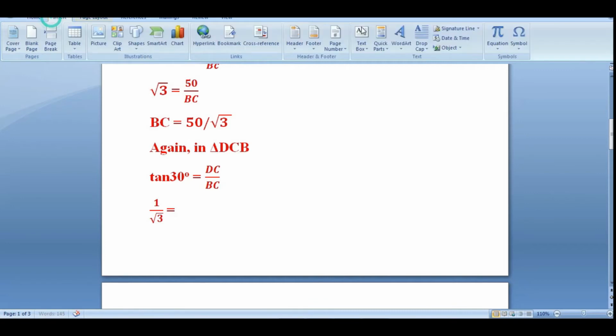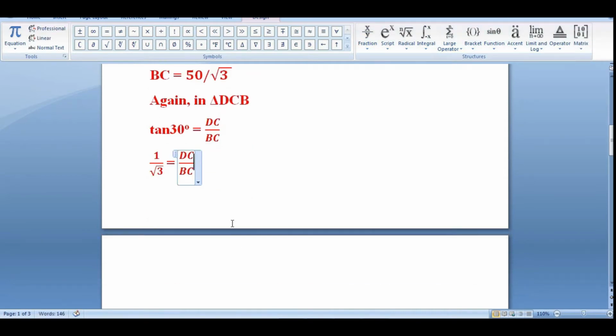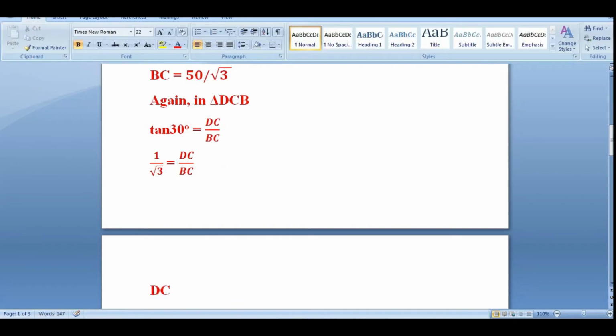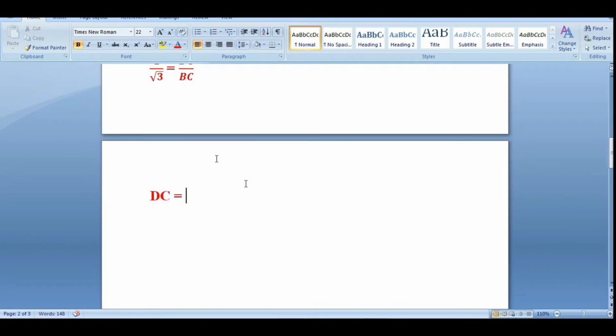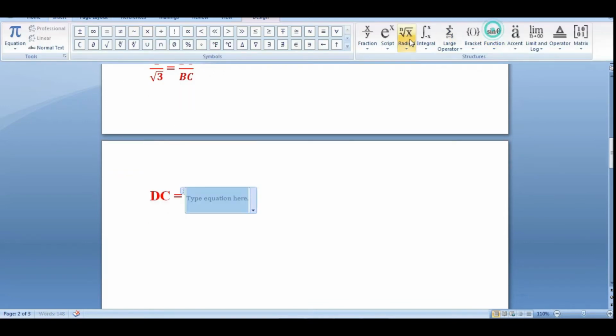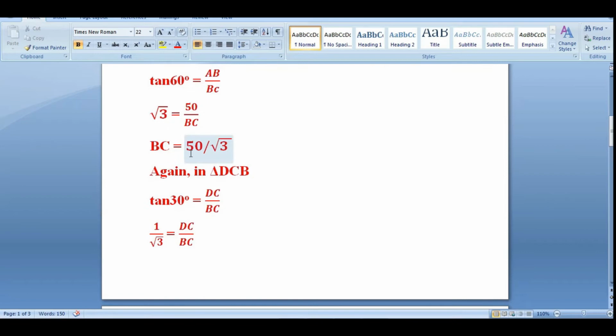DC is the unknown quantity. We have to find it. So DC is equal to BC by root 3. Now BC we have already got. It's 50 by root 3.